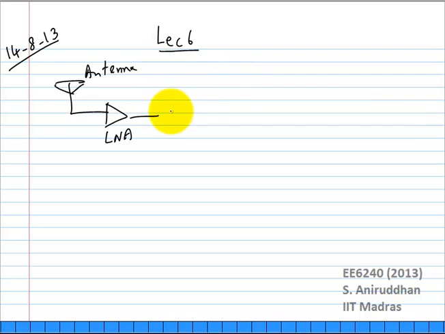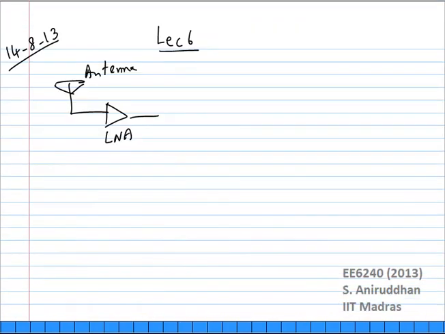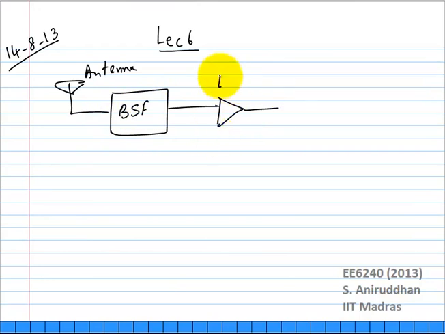After this, what do you have? Okay, you have the mixer, but before this, you also have the band select filter, which I didn't show today. So let me show that. So after the LNA, you have the mixer, right?